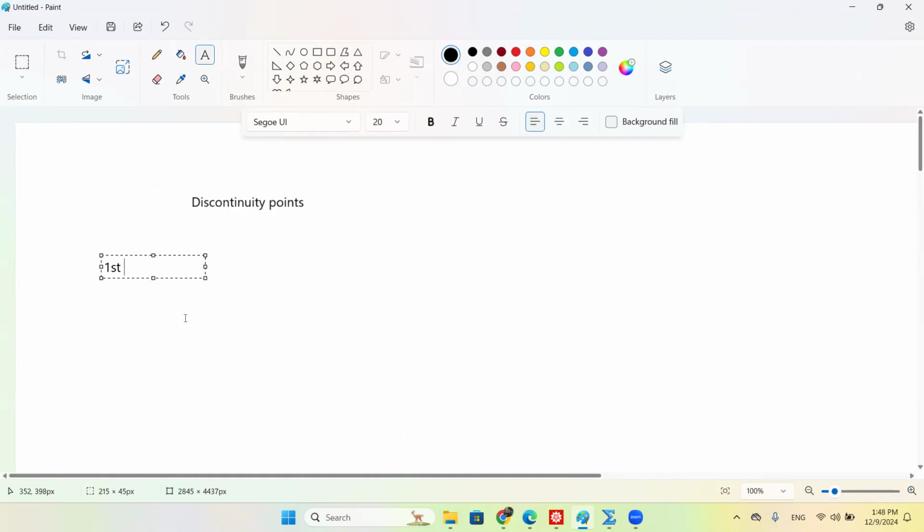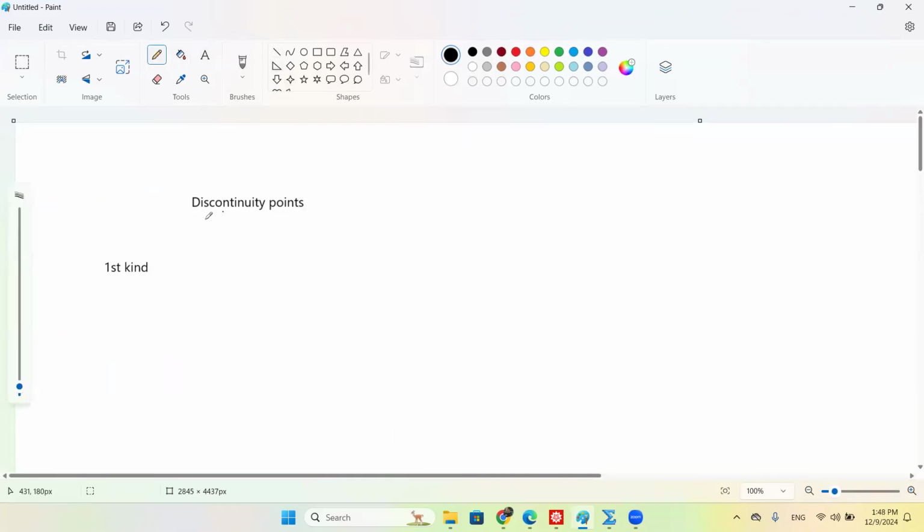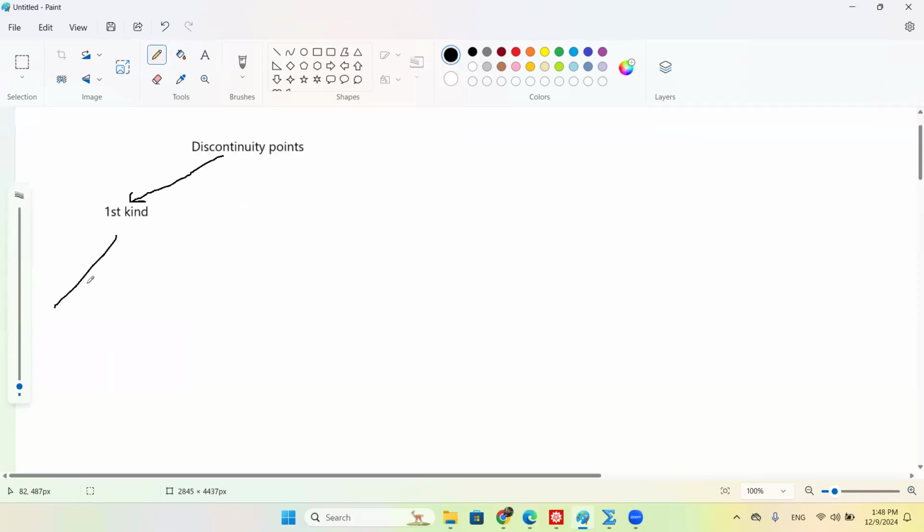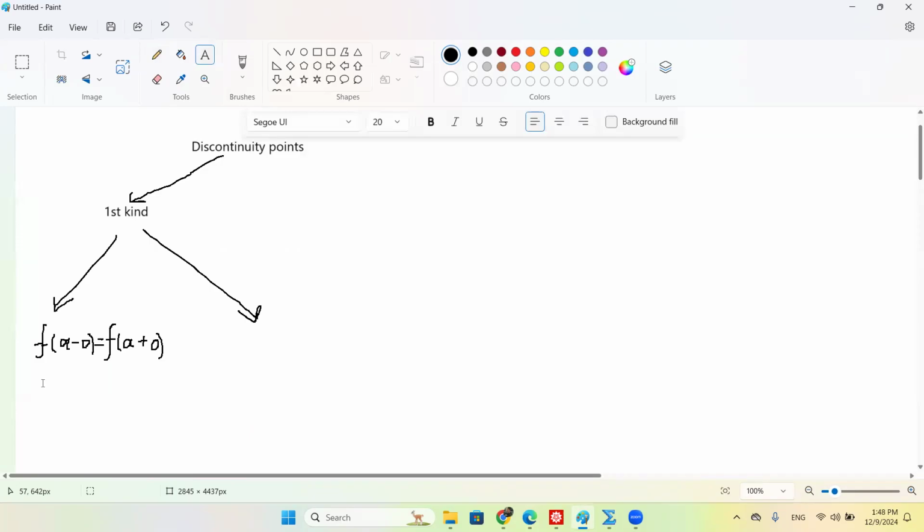So, the first kind. It also can be divided into two groups. So if f(a minus 0) equals f(a plus 0), then this is removable.